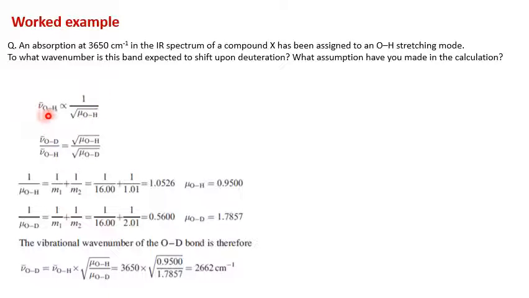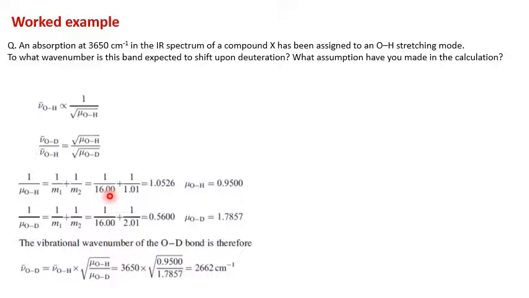Then if you divide these two, nu bar OH and nu bar OD, because of this inversely proportional equation, nu bar OD divided by nu bar OH is equal to root over mu OH divided by root over mu OD. Now you can calculate mu OH and mu OD by knowing that oxygen has a mass of 16 and hydrogen has a mass of 1.01.